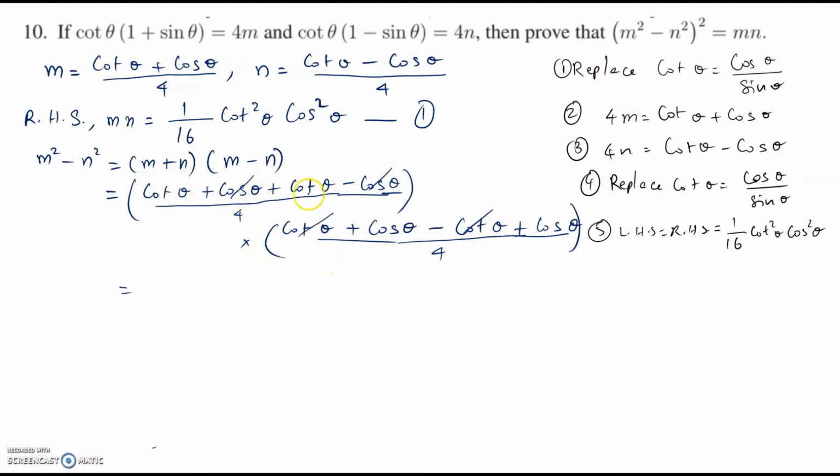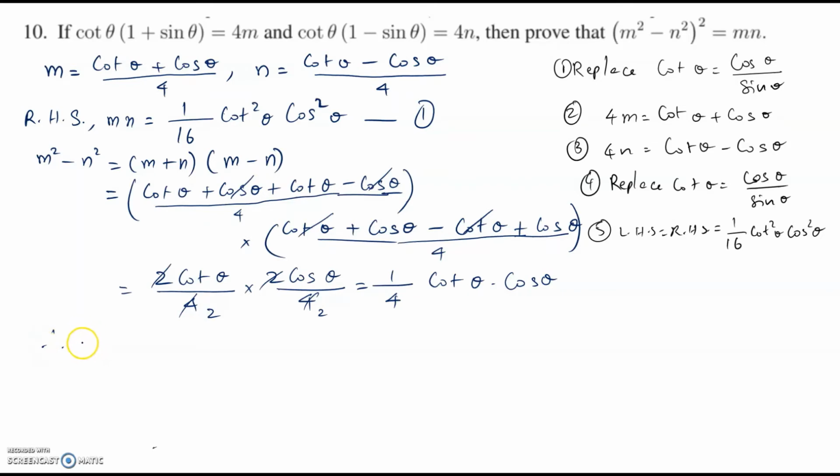So you are left with 2 cot theta divided by 4 into 2 cos theta divided by 4. Again, this becomes 2, this becomes 2. So you are left with 1 by 4 cot theta into cos theta.